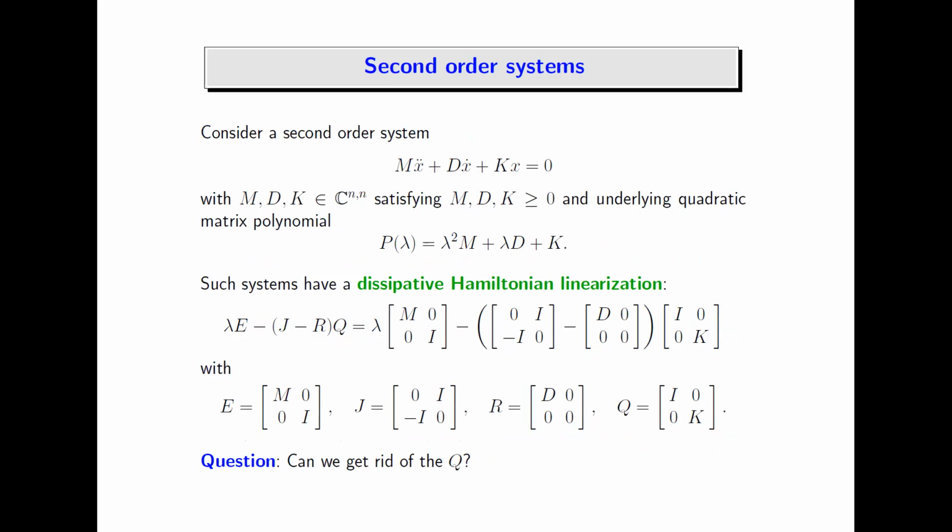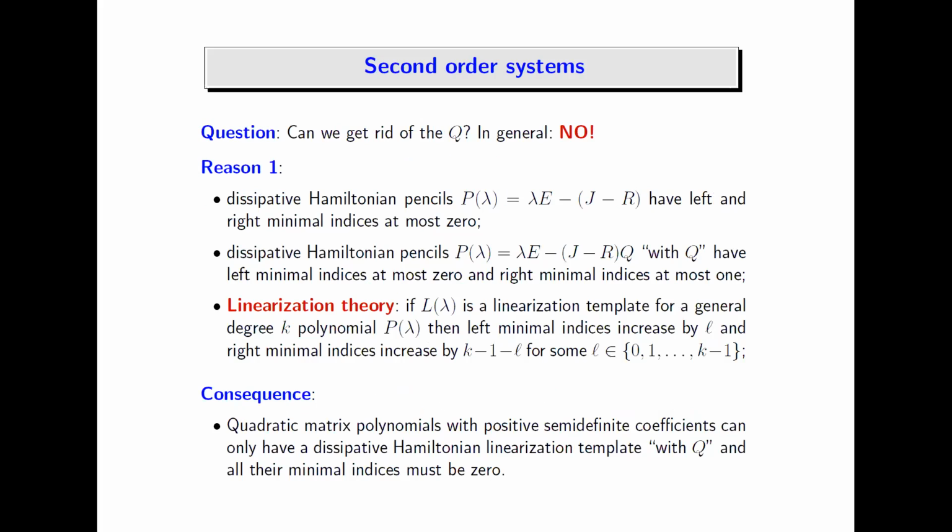In general, it is not possible to have such a template that works for all M, D, K and does not have a Q, for two reasons. Because we have seen that there were these minimal indices restrictions. So if we have a pencil like this that we are aiming for, then the left and right minimal indices must be 0. And with the Q, we have it different, that the right minimal indices can be also 1.